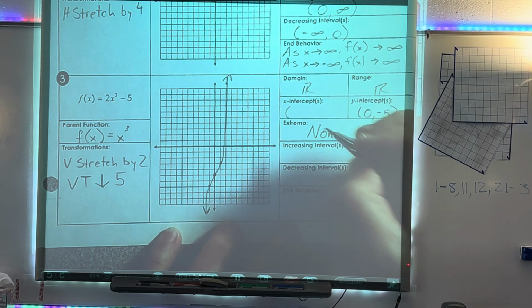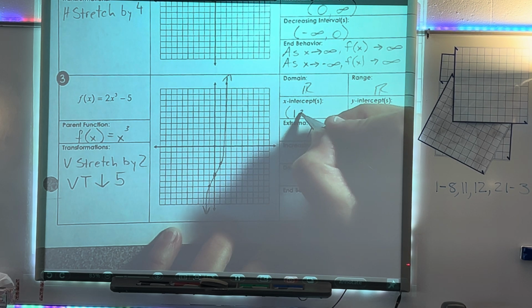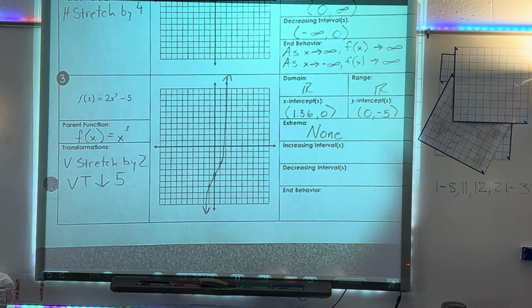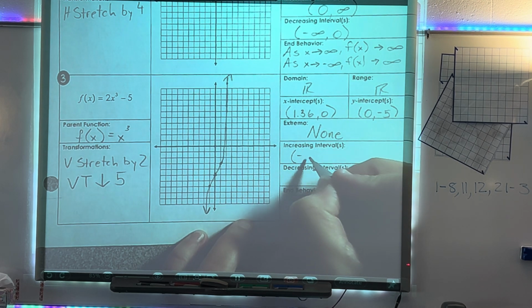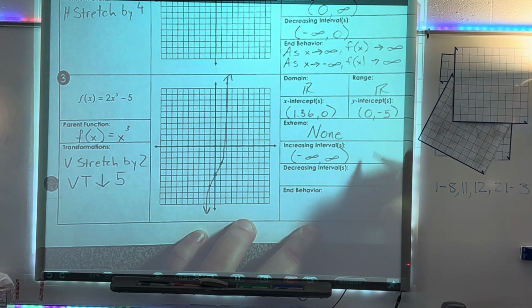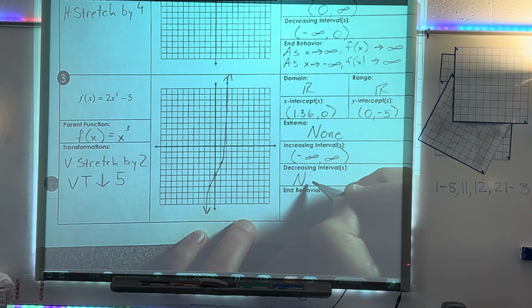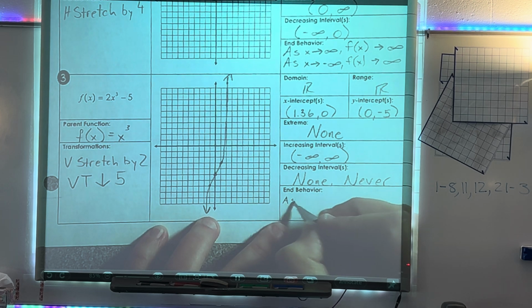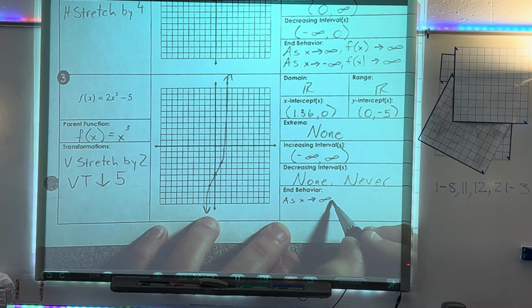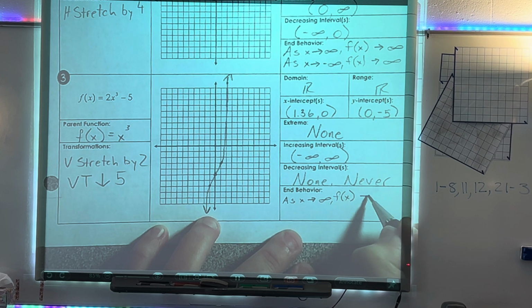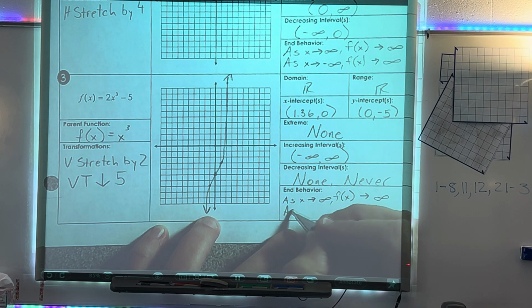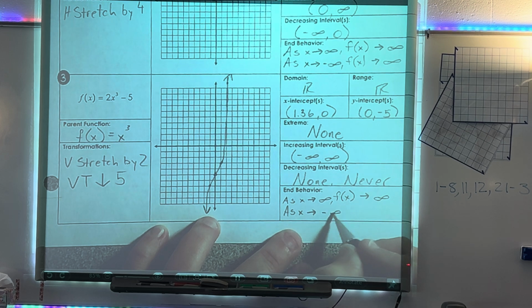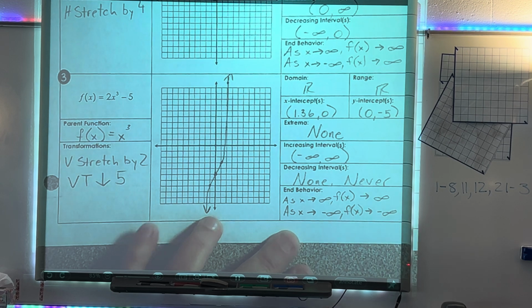I got 1.35720888, so 1.36. Okay, increasing is going to be negative to positive always. Decreasing is not happening, so none, never, whatever interesting way you want to write that. Alright. As x approaches infinity, f of x approaches infinity. As x approaches negative infinity, f of x approaches negative infinity.